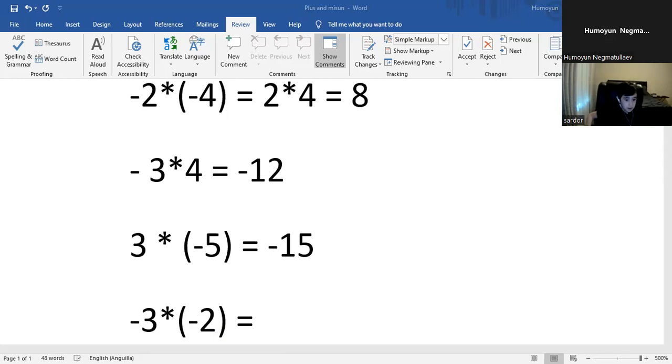Could you calculate the last one? Minus 6. You think it's minus 6, yeah? Why do you think so? Just look, if there are two minuses, two negatives of these numbers, how can we say this number? 6.